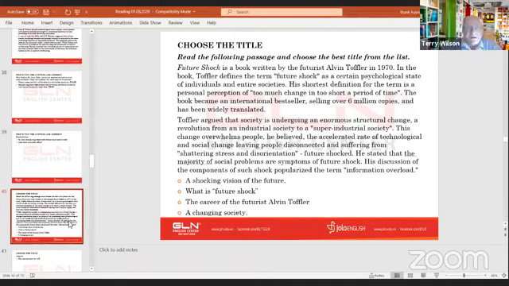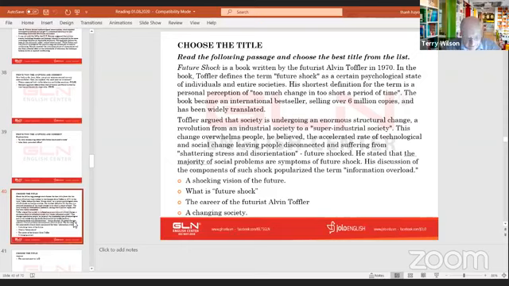Here we have another example from section 2 of the reading test, where you have to choose the best title from a list. So in this case, we have 2 paragraphs and we have 4 possibilities. Should they be called a shocking vision of the future?